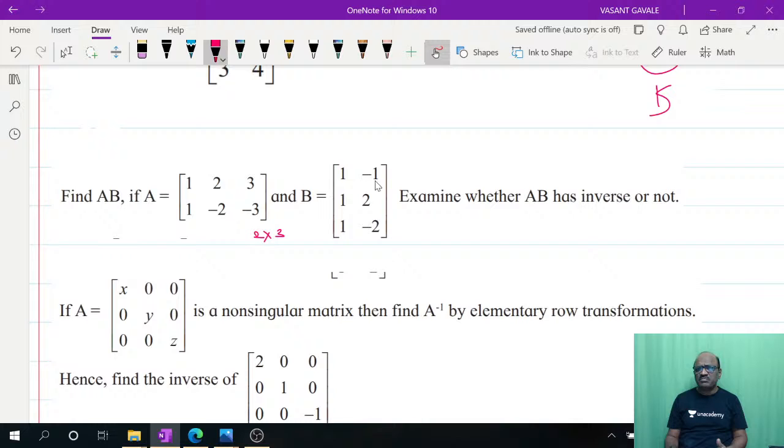What about the B matrix? The rows are 3 and the columns are 2. Therefore their multiplication is possible. Therefore the order of AB is 2 by 2. And then find out if its inverse exists or not. Find out the determinant of AB; if it is not equal to 0, then the inverse of the matrix exists.